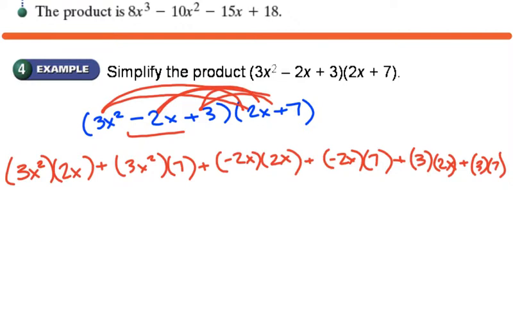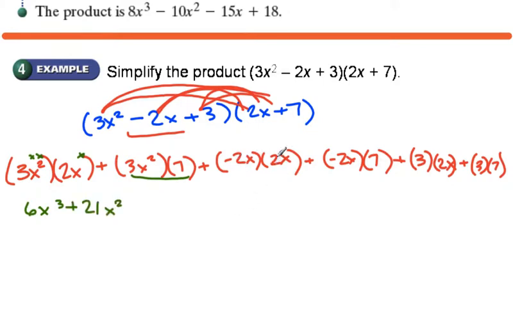All right, so now time to clean and set everything straight. 3 times 2 is 6. X squared times x. So remember that's 2 x's here and that's an x here. So now we have 3 x's. So x cubed. 2 plus 1 is 3. 3x squared times 7. So 3 times 7 is 21. And that's x squared.